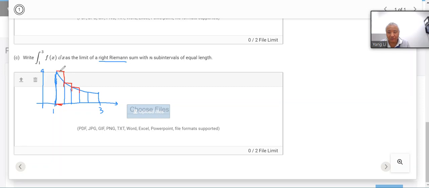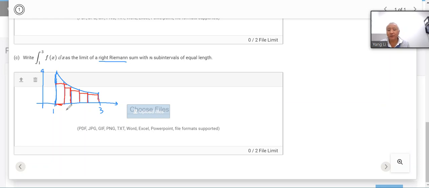So for this rectangle you use this as the height, and then this is the height, and this is the height, like this.